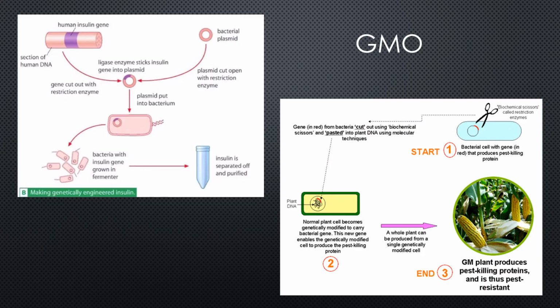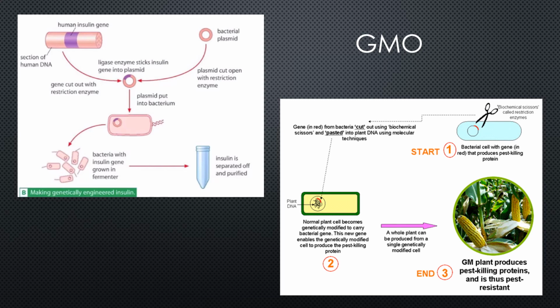GMOs are any genetically modified organism. We often think of it in terms of our agricultural products, and that's fair because that's where a lot of genetic modification happens. For instance, we use genetically modified corn.